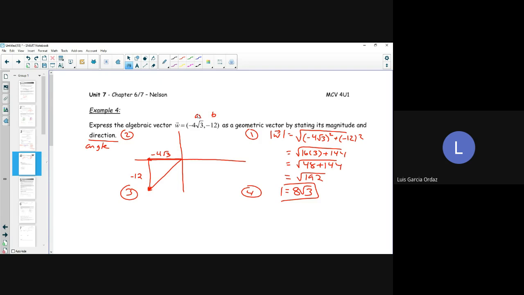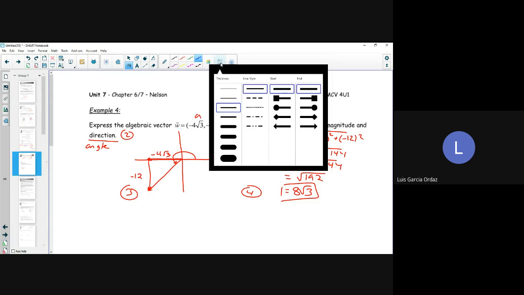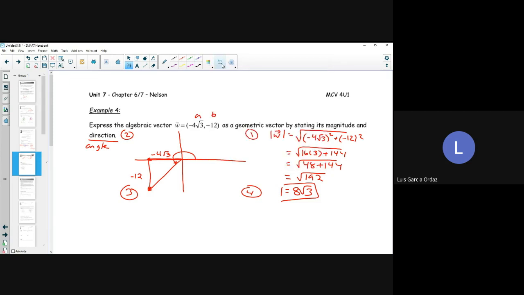Now, my principal angle starts from quadrant 1 and goes all the way to the terminal arm, which is where vector W is contained. However, in order for us to find that, I need to figure out this angle beta right there. My principal angle is angle theta. So I need to figure out angle beta first. Let's just use the tan ratio because we're given the opposite and the adjacent side.